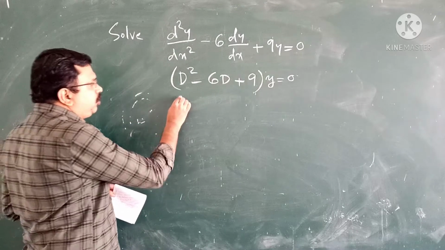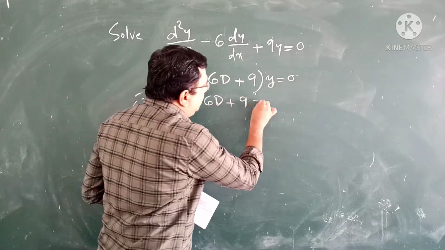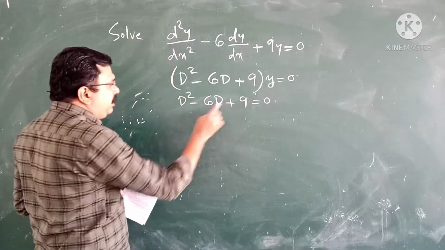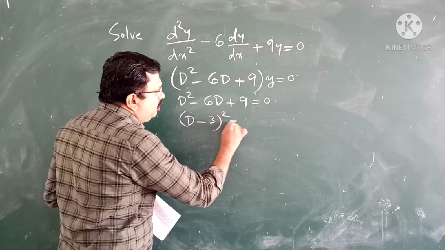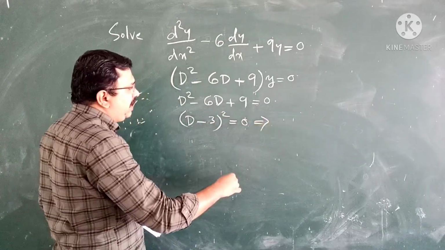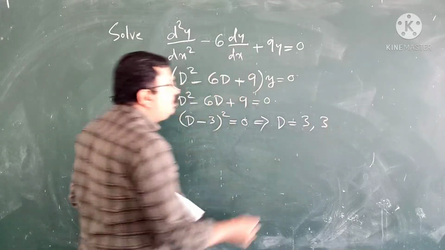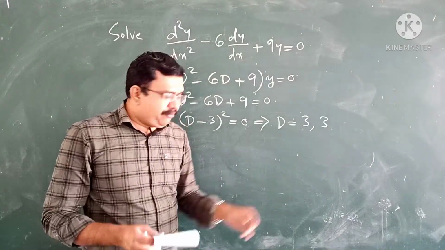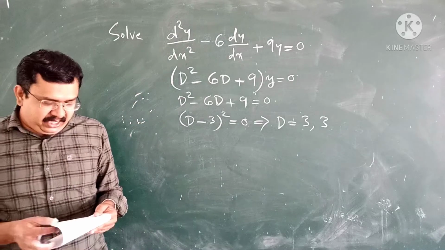Our auxiliary equation is D square minus 6D plus 9 equal to 0. This can be written as (D minus 3) whole square equal to 0, which implies D equal to 3, 3. Two roots are here, both are same. Therefore, D equal to 3, 3. Here roots are real and equal.